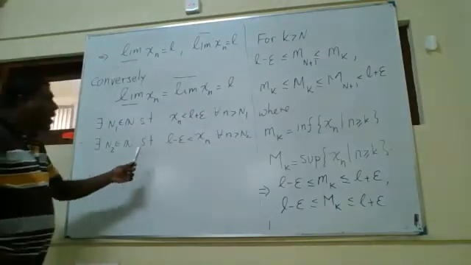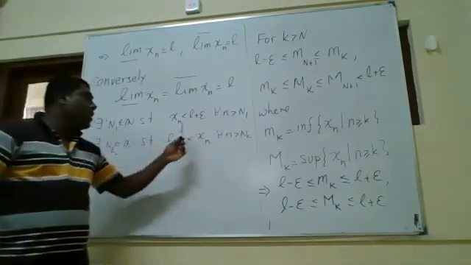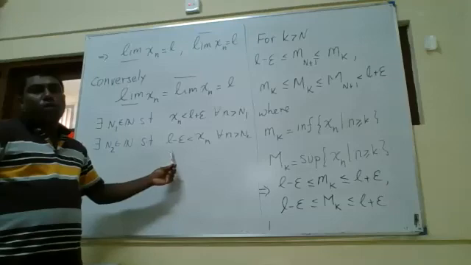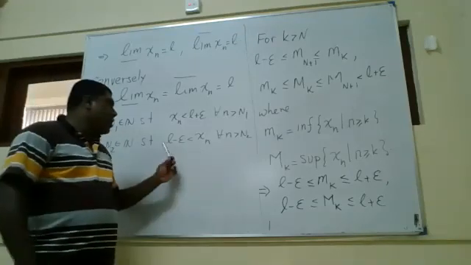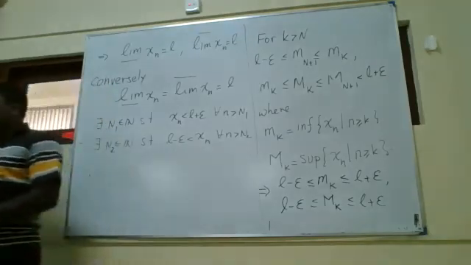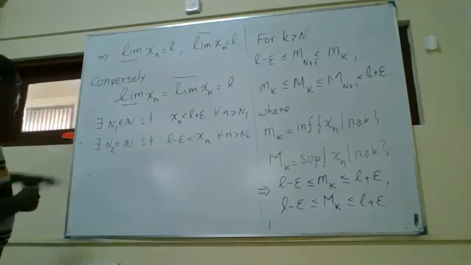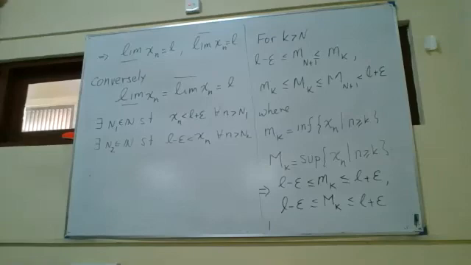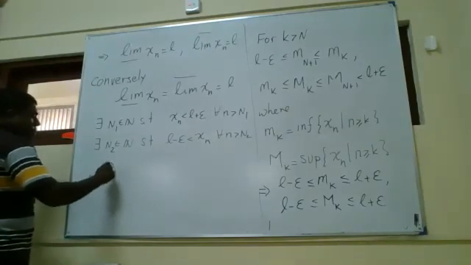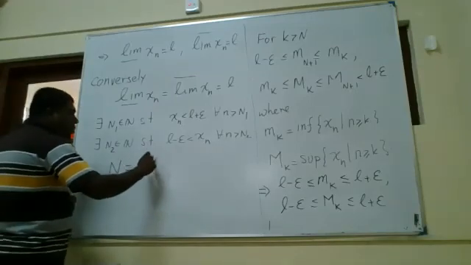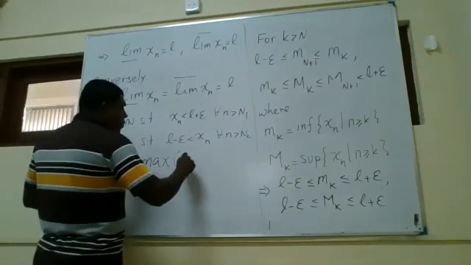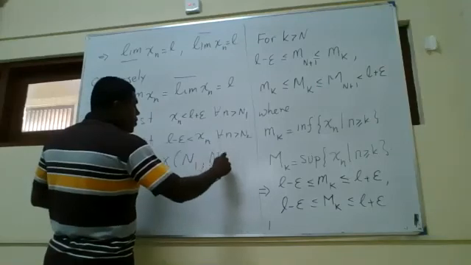From this, you can say for all n greater than N1, Xn is less than L plus epsilon, and for all n greater than N2, L minus epsilon is less than Xn. You can always write this from the definition, so I leave you to see how you get these two lines. Now you combine them: N is equal to the maximum of N1 and N2.